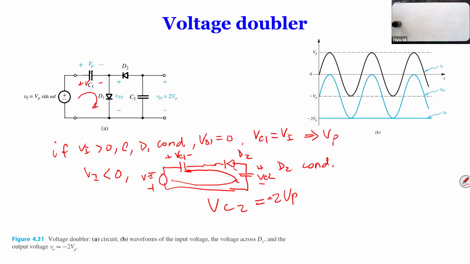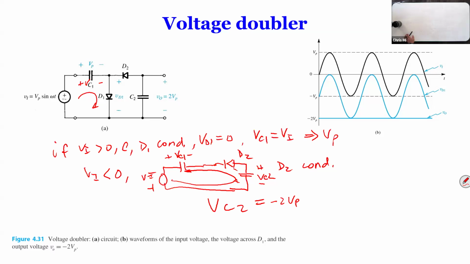So it goes actually to minus 2 VP, in the negative half cycle. Actually, this is correct. Why is VO marked here as 2 VP? If you look at this curve, it's correct.